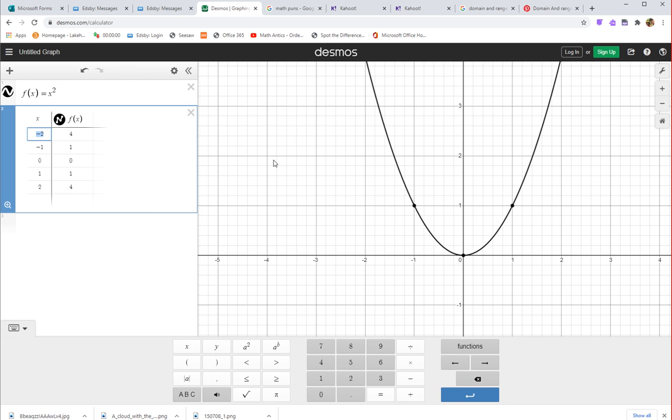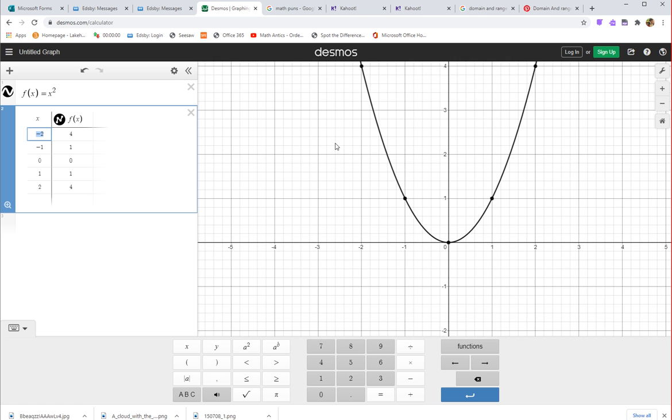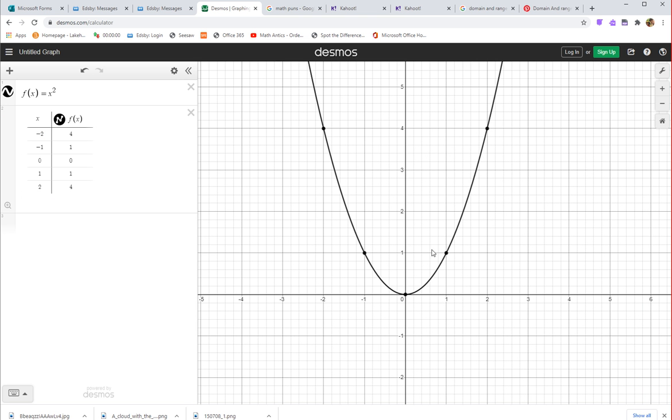All right, so here's my quadratic, and I put in a table of values, right? And so those spots appear as dots on my quadratic. So I've got some different x values that I could have. I could input -2 as an x value, or -1, or 0, or 1, or 2. Those are all things I could input.